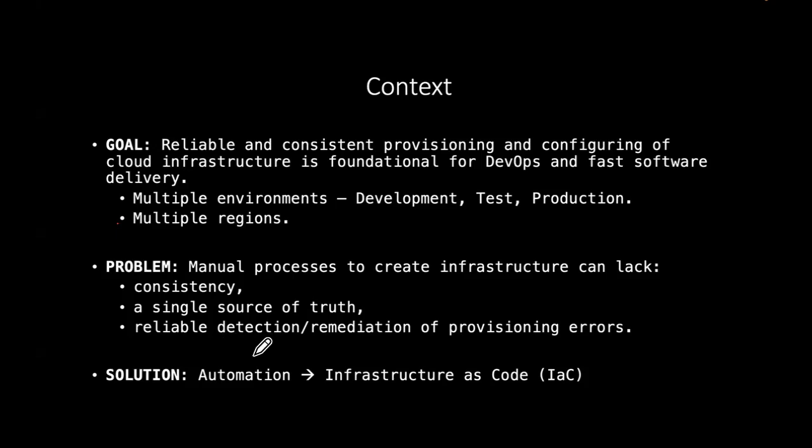And if we do take an automated approach, then what we are doing is we're implementing the creation of the infrastructure using code. So the acronym we use is infrastructure as code. The code is actually going to be describing the infrastructure or resources that we need to have created in the cloud.